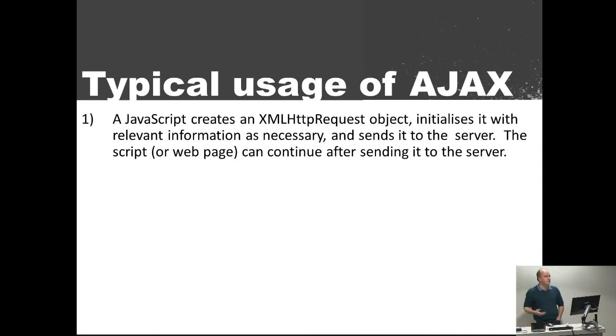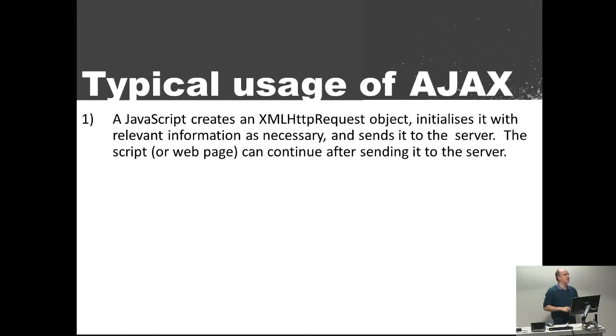So typically, what's happening in Ajax, you are going to write some JavaScript, and you are going to do that XML HTTP request. Obviously, you are going to add some parameters, such as the URL of the server and what kind of data you are interested in. And that information is going to be sent to the server.